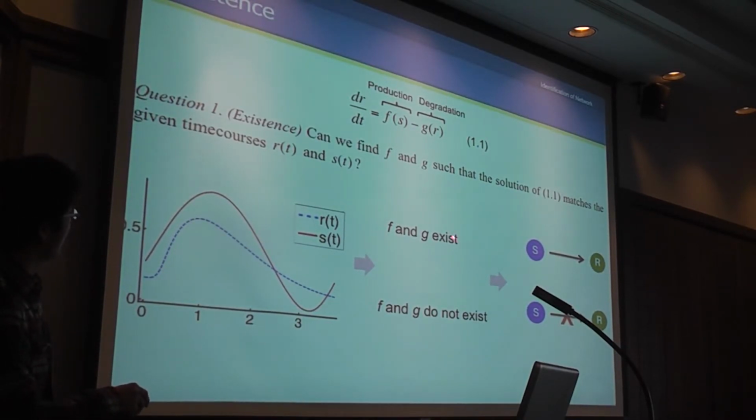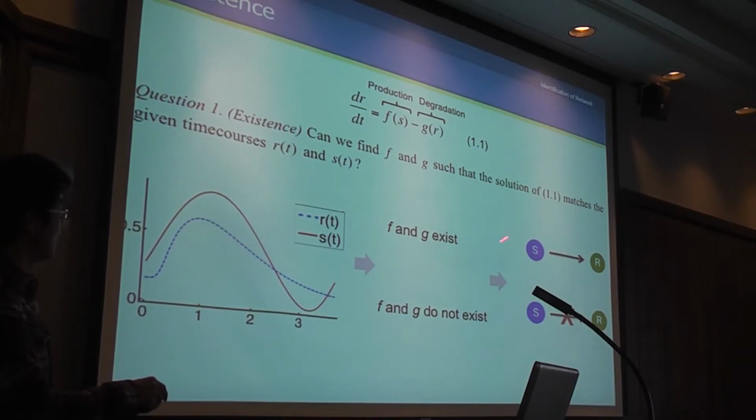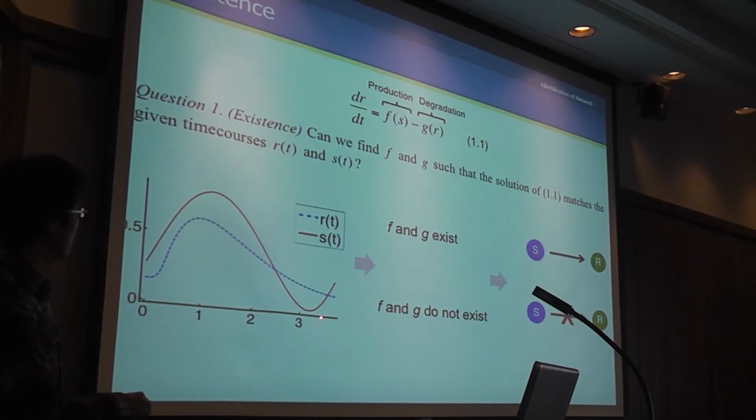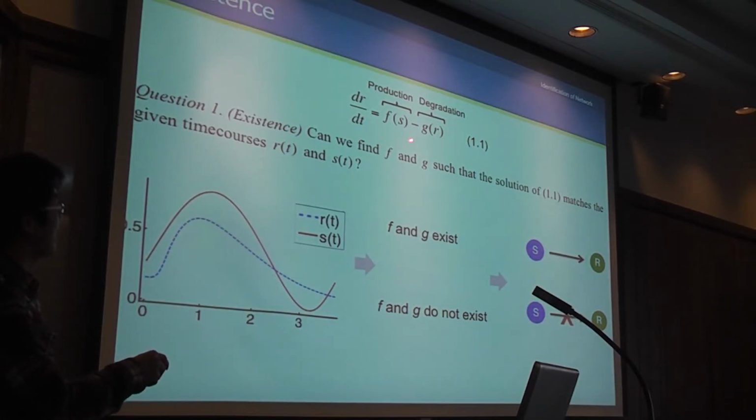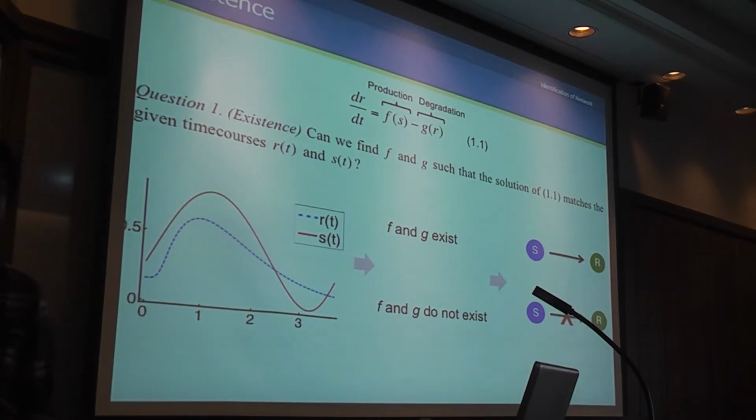Then can we find f and g such that this model has these two time courses as a solution? That means there exist f and g, which means there is some relationship between S and R. However, if we cannot find any functions f and g which can have R and S as a solution, that means there is no interaction between R and S.